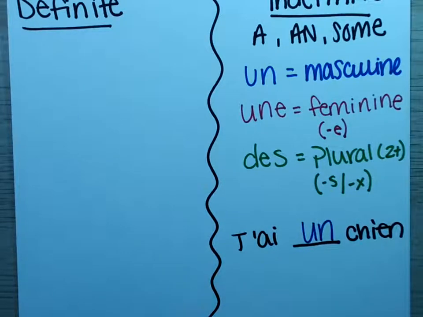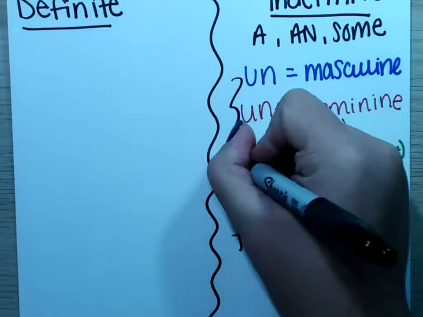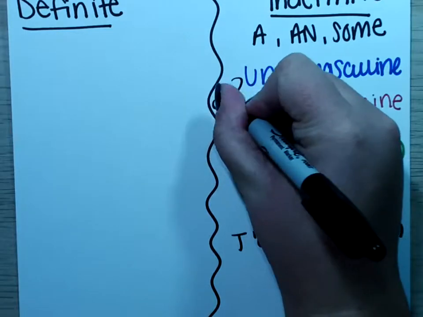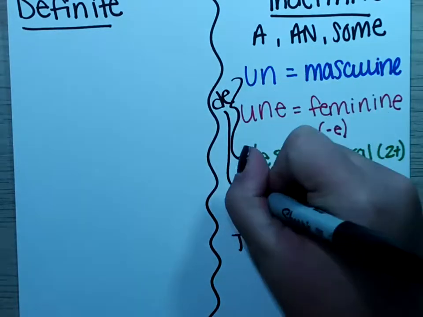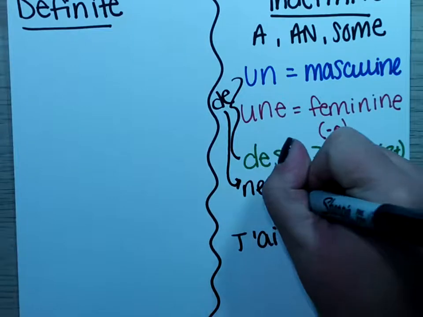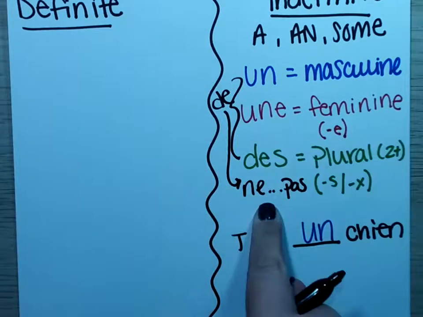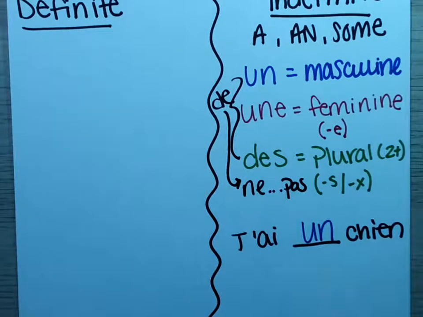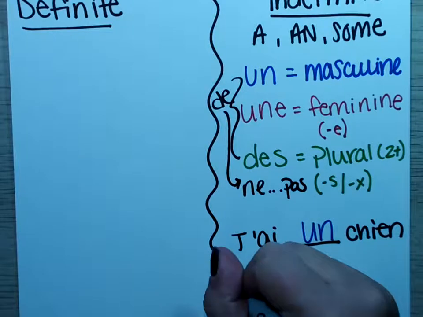So, j'ai un chien. Now, one important thing to remember about indefinite articles, those all become de in the negative. So when you see ne pas, they all change to de. All of them change to de in the negative. Let's do an example and say, I don't have a dog.